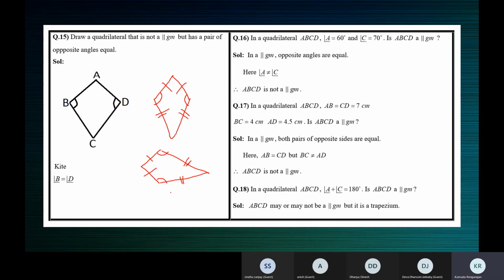So the required quadrilateral is a kite ABCD, in which angle B is equal to angle D. Is that fine, children?